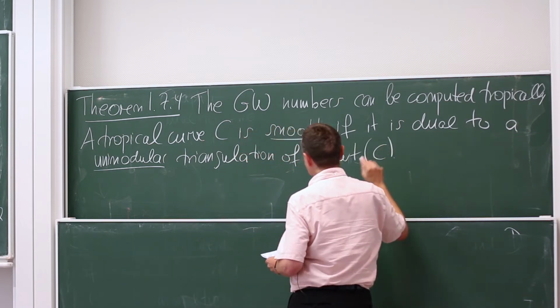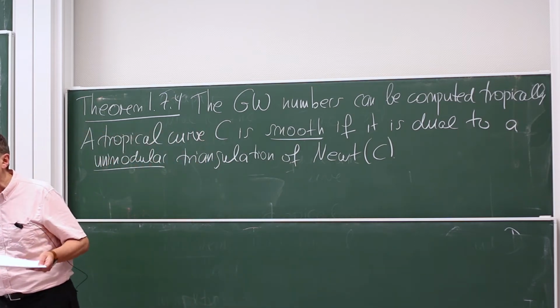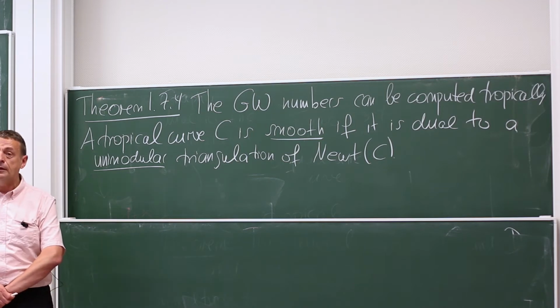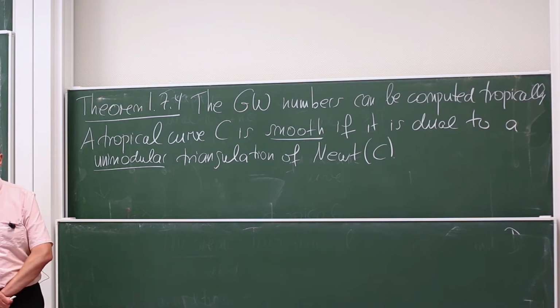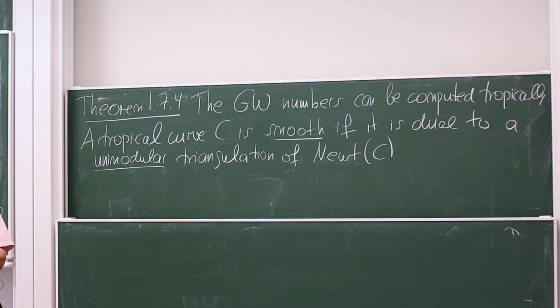Well, we already saw in the examples in the first lecture that a tropical curve is the dual graph to a subdivision of the Newton polygon. Generically, if the coefficients are sort of random and you pull these as heights out of the blackboard plane towards you, you will see a triangulation. And it's unimodular if all the triangles have the smallest possible volume, area, right?